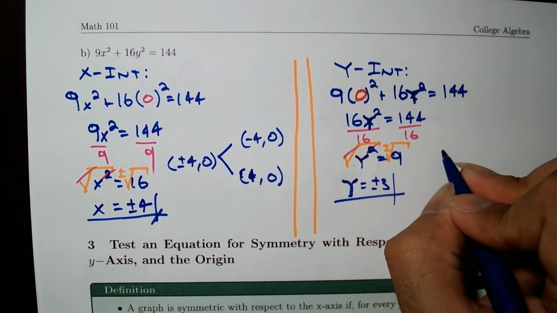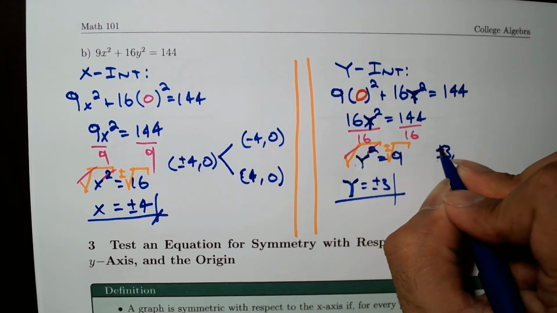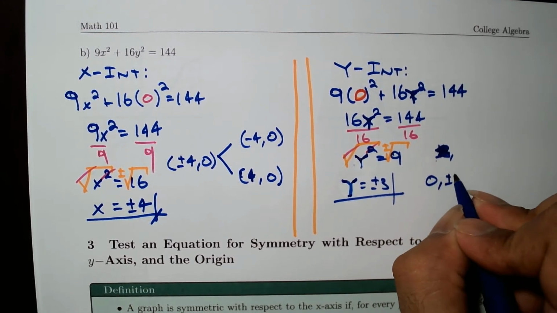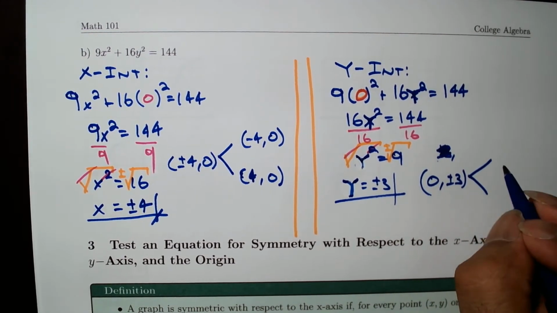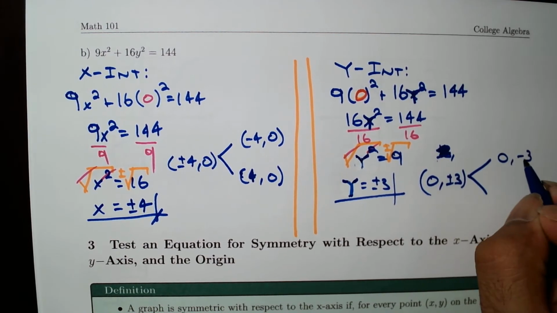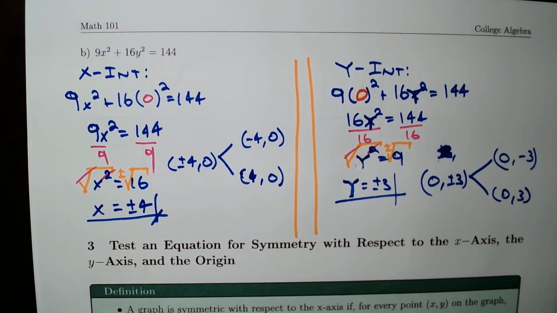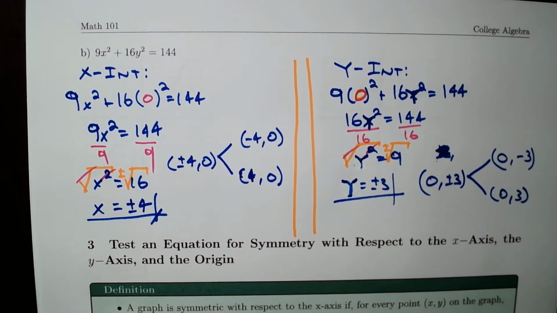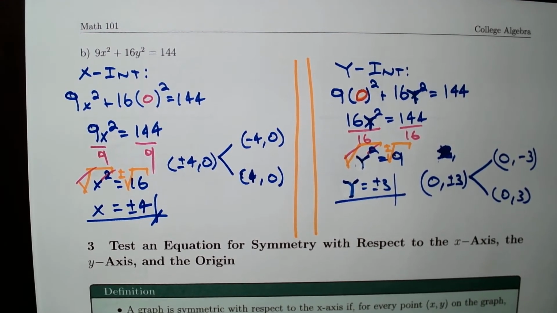So we are going to have 0, comma, plus minus 3. And from here, 0, negative 3 is one, and 0, comma, 3 is the other one. So in this case, we are going to have a total of 4 intercepts, 2 x-intercepts and 2 y-intercepts.